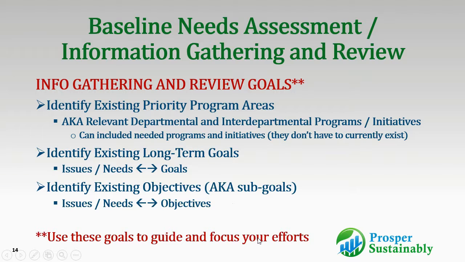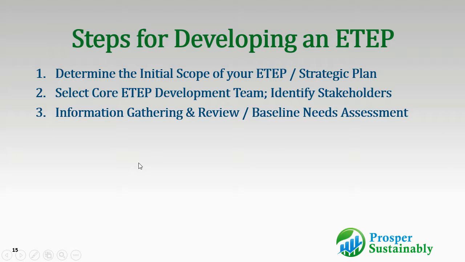And you are using these goals to guide and focus your efforts, so when you're reviewing these documents, you're scanning them and extracting the most important information. So if you're looking at a 100-page resource management plan, you can scan that in 10 to 15 minutes rather than spending hours reading through the whole thing, because you know what information you're going straight to.